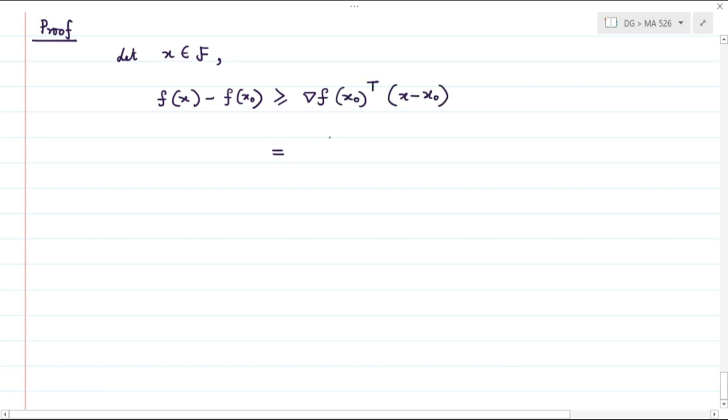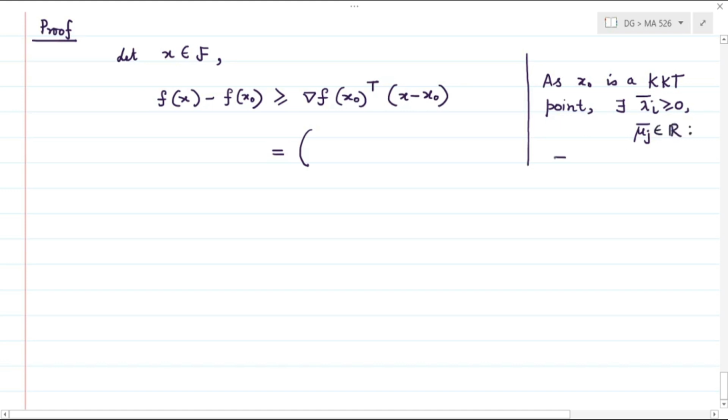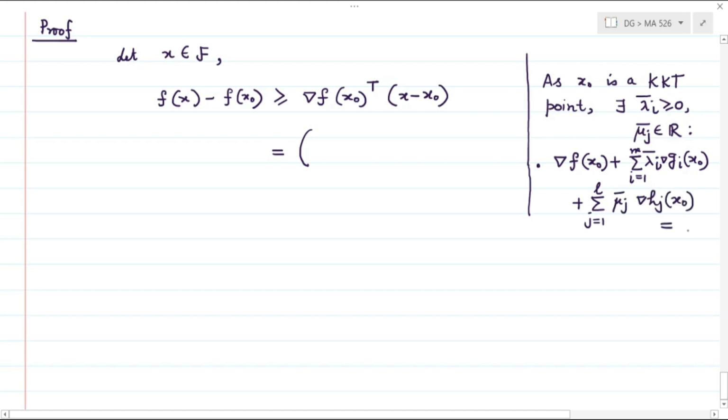But as the point x0 is a KKT point, there exist λ_i all greater than or equal to 0, or rather let me take λ_i bar and μ_j bar belonging to the real numbers, such that you have these two conditions: grad f(x0) plus the summation over i = 1 to m of λ_i bar grad g_i(x0) plus the summation j = 1 to L of μ_j bar grad h_j(x0) is equal to the null vector.